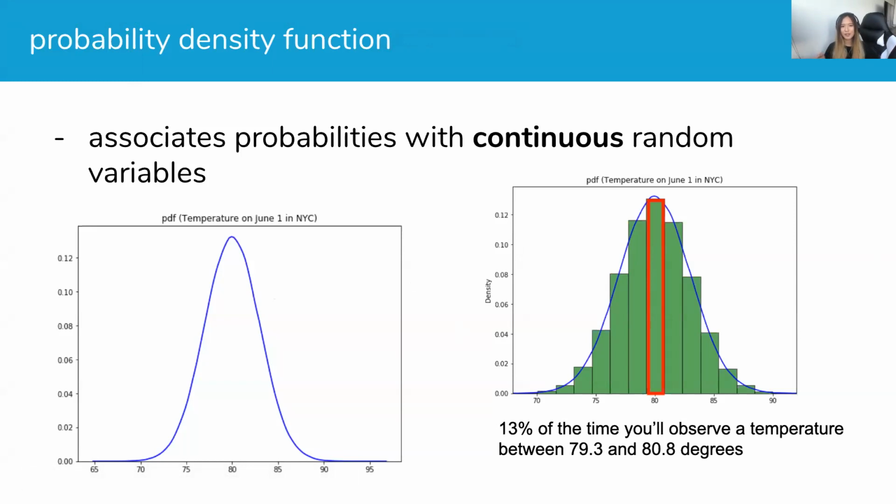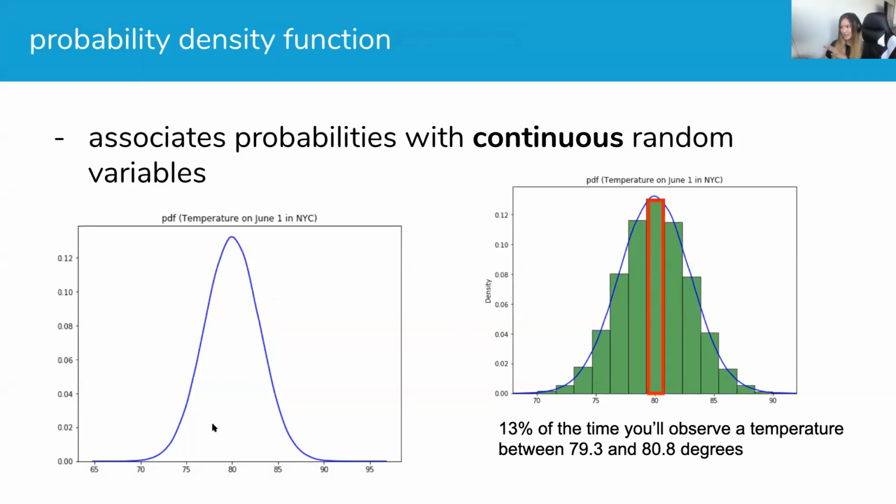We haven't really talked about continuous variables yet, but a continuous variable is basically something where you don't have a set number of possible outcomes. In this case, which is also taken from the labs, this is the probability density function of the temperature on June 1st in New York City.